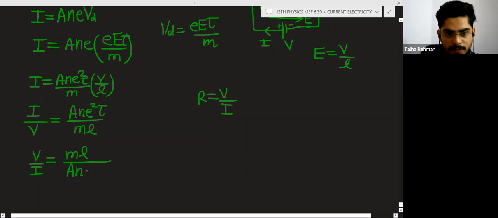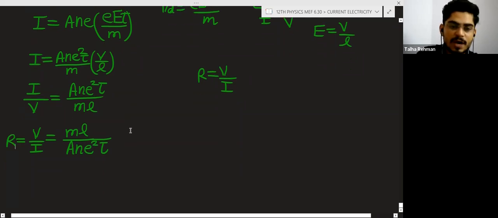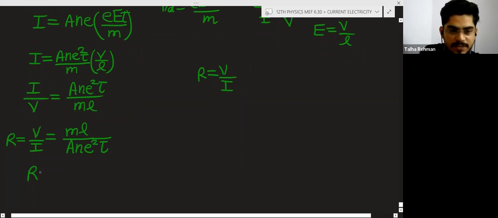And this is the resistance. So I can write the resistance as m L divided by A n e squared into tau.